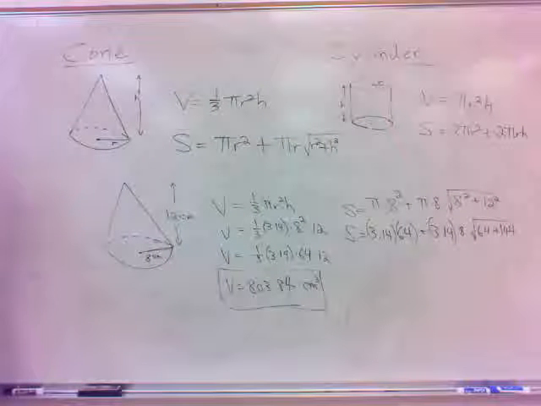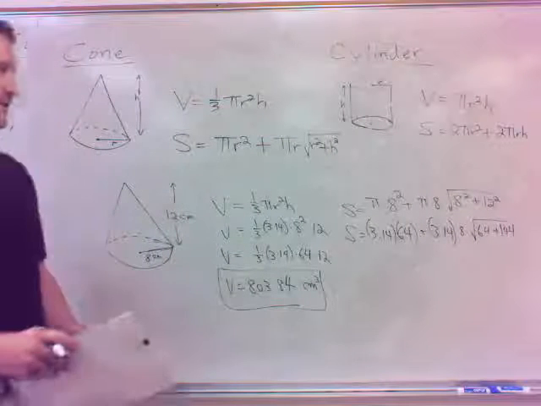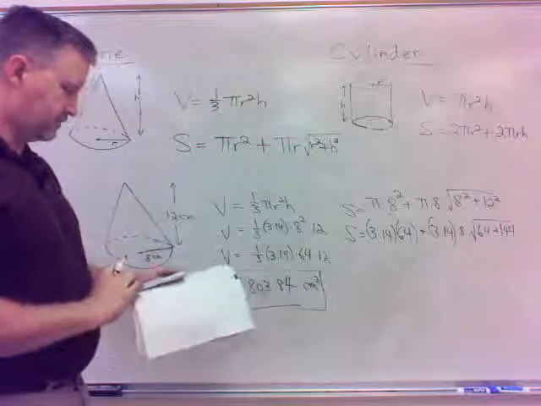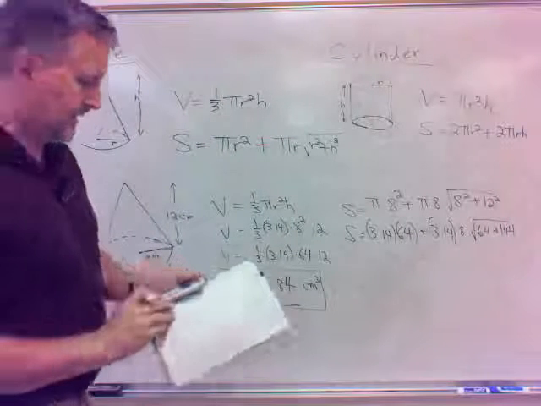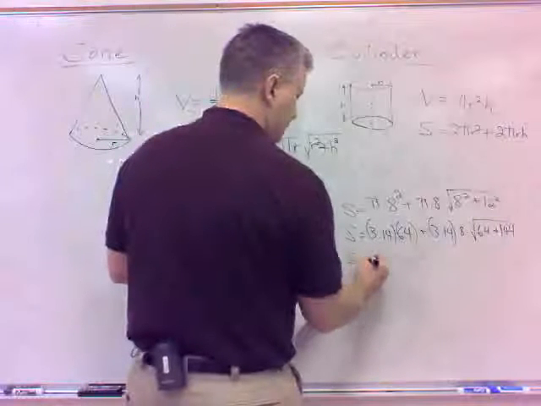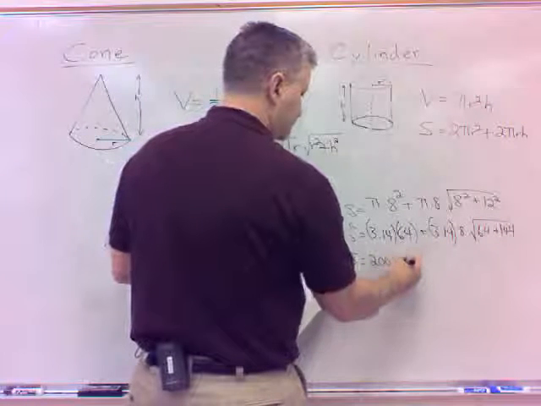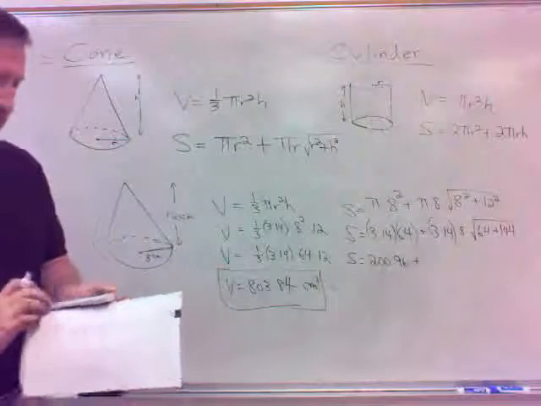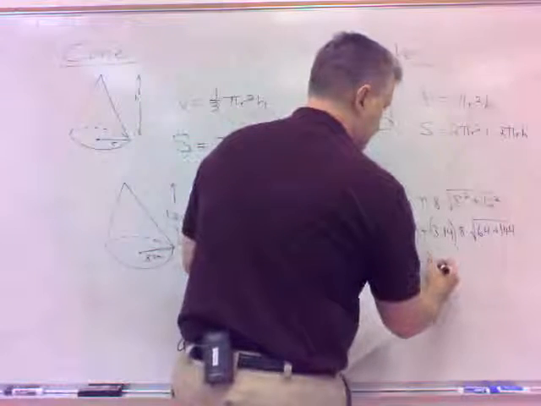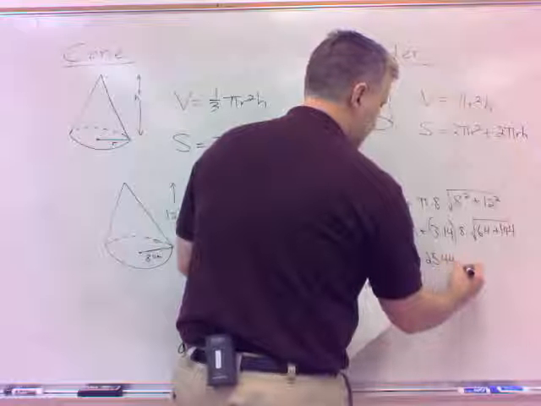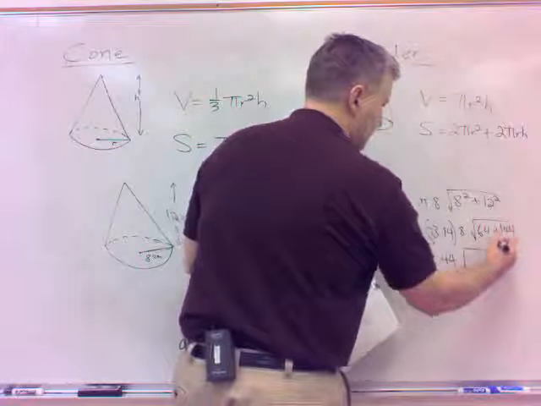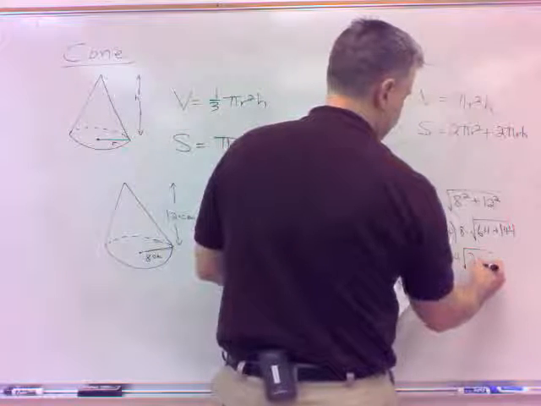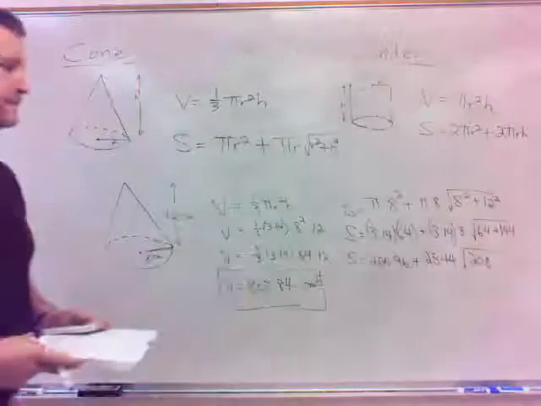Well, 3.14 times 64, I got 200.96. 3.14 times 8 is 25.44. And then 64 plus 144, that is 208.